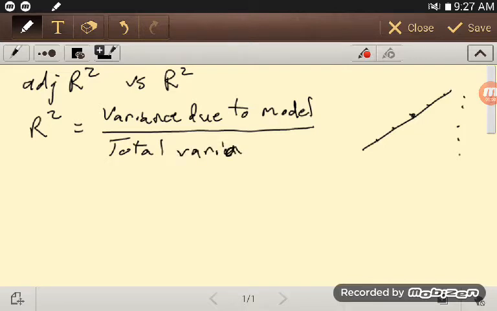So if they completely fit exactly on the straight line, then we would see that the variance due to the model and the total variance would have to be the same thing because all these dots are right along that line. But if I have dots off the line, but that is the best trend, then some of that variance that we'll see is coming from somewhere else.